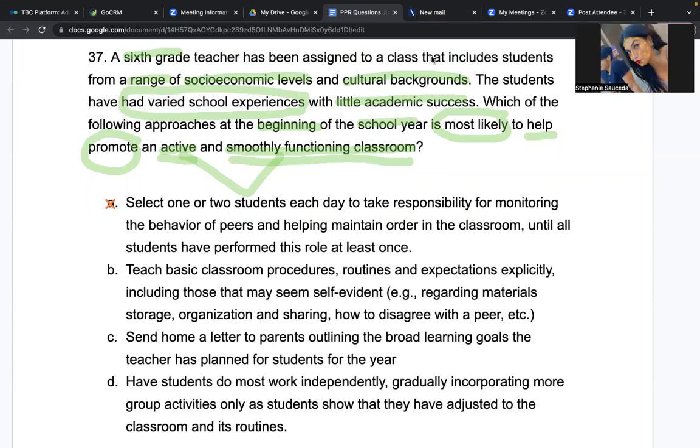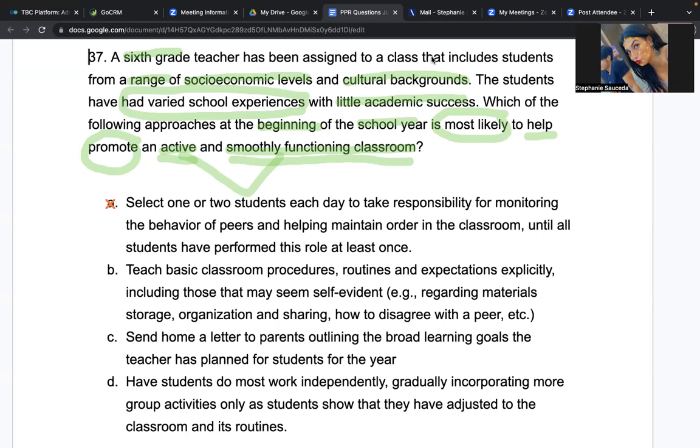Right. And also, while we're having one or two students responsible for monitoring, the other students are just sort of doing whatever.